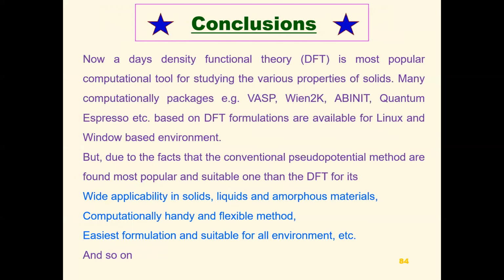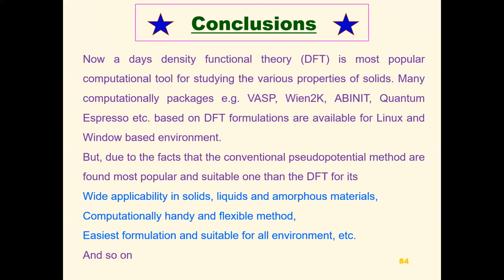Now the conclusion part. In this talk, I would like to say something about the different computational aspects of how different types of theoretical methods are applicable for studying the different properties of materials.